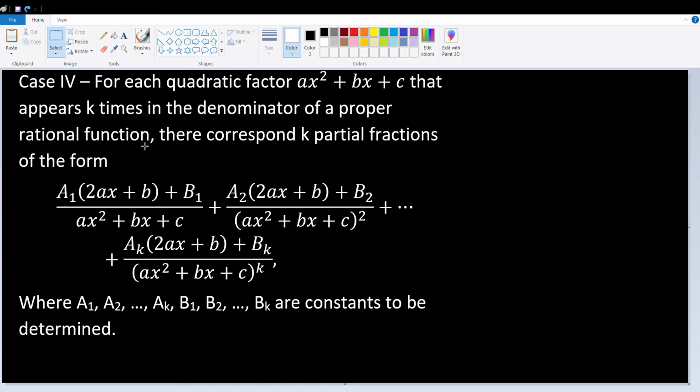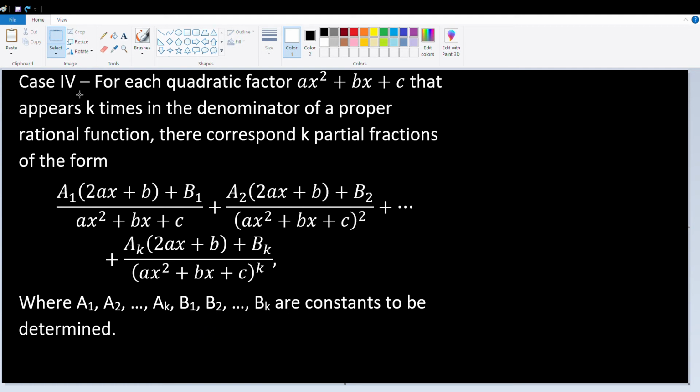So for case 4, for each quadratic factor ax squared plus bx plus c that appears k times in the denominator of a proper rational function, there correspond k partial fractions of the form a sub 1 times the quantity 2ax plus b sub 1 all over ax squared plus bx plus c, plus a sub 2 times the quantity 2ax plus b sub 2 all over ax squared plus bx plus c quantity squared, plus, and so on and so forth, plus a sub k times the quantity 2ax plus b sub k all over ax squared plus bx plus c quantity raised to k, where a1, a2 up to a sub k, b1, b sub 2 up to b sub k are constants to be determined.